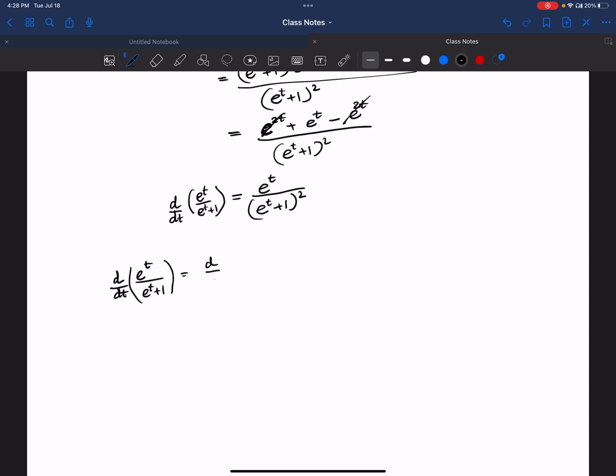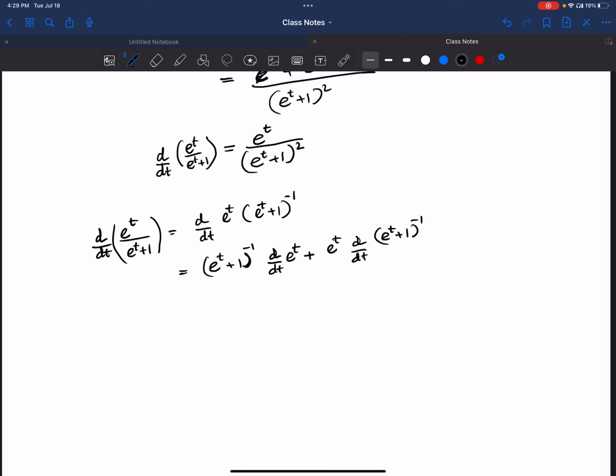So I can write it as d over dt of e to the power t times e to the power t plus 1 to the power negative 1. My first function is e to the power t, and the second is e to the power t plus 1 to the power negative 1, right? And d over dt of e to the power t, plus e to the power t times d over dt of e to the power t plus 1 to the power negative 1.